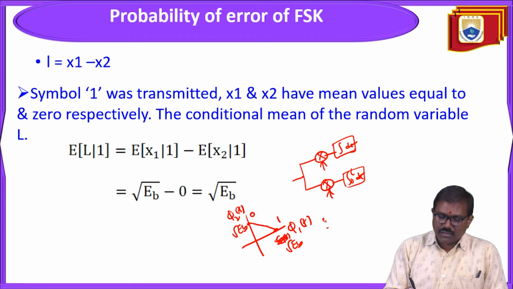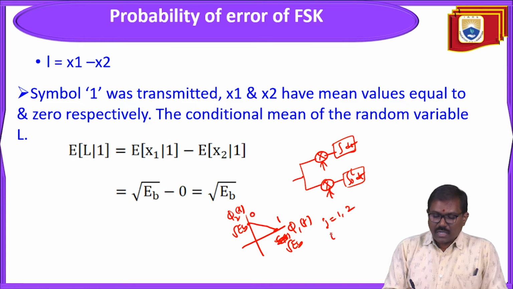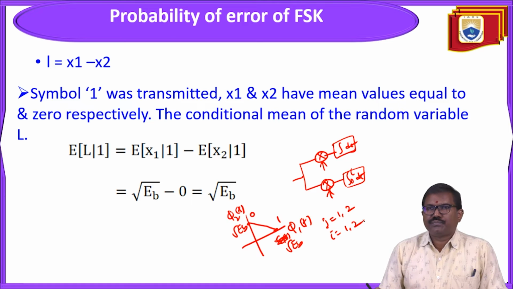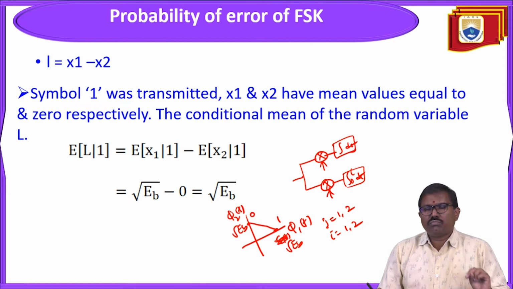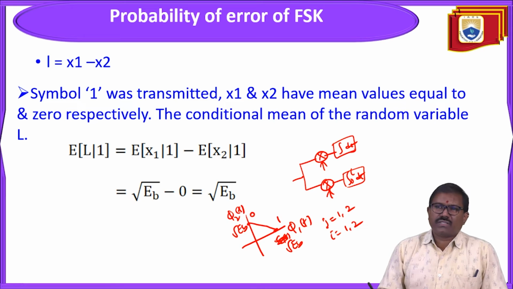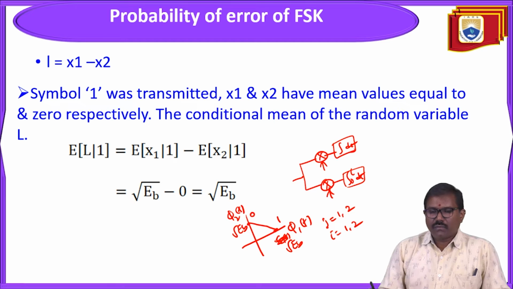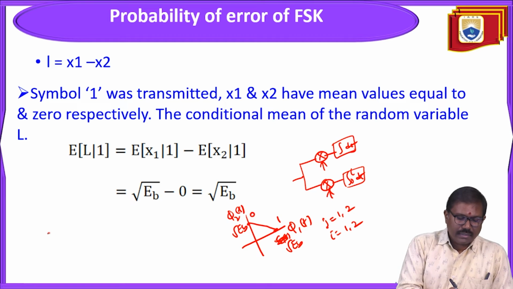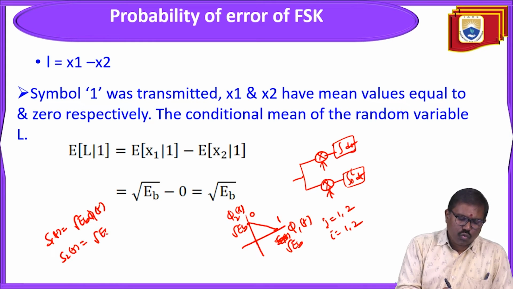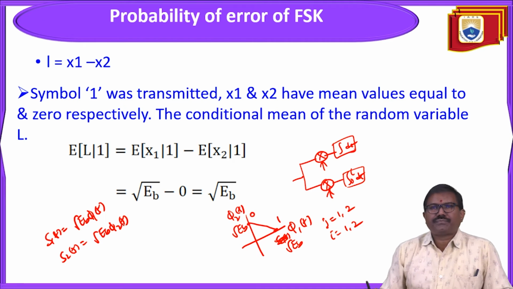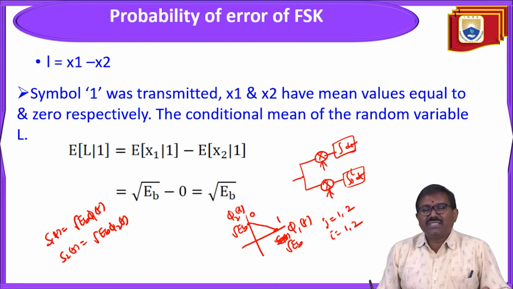That means here the j value is 1, 2 and the i value is also 1, 2. Two symbols and two basis functions are used to represent FSK. S1 of t is nothing but root Eb phi 1 of t, and S2 of t is equal to root Eb phi 2 of t. So this is the representation of the FSK signals.